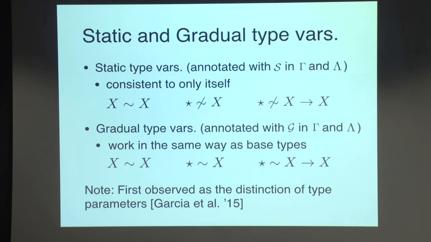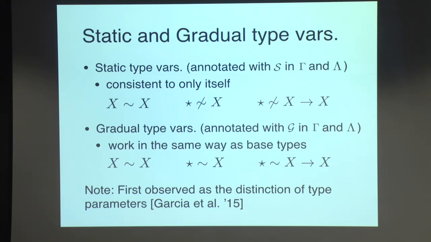Another is a gradual type variable, annotated with G in gamma and big lambda. It works in the same way as other base types such as int or bool, so it can be consistent with star. And the distinction was first observed in another paper, but this is the first time to apply the distinction to the whole language design.